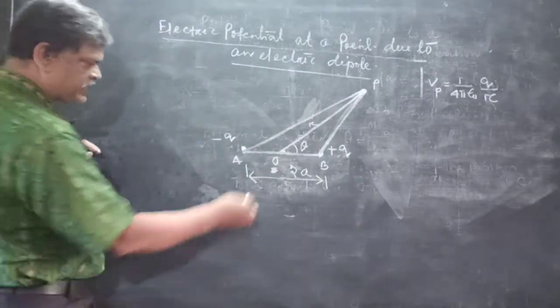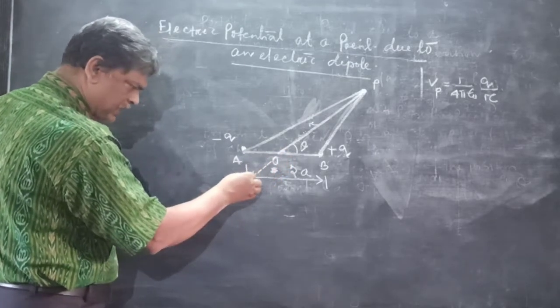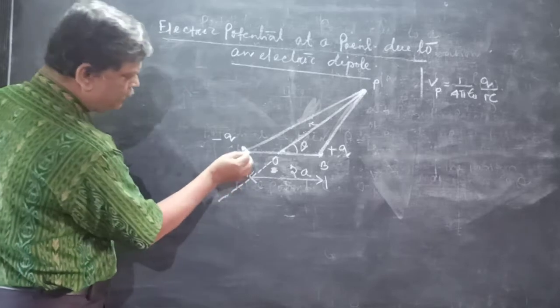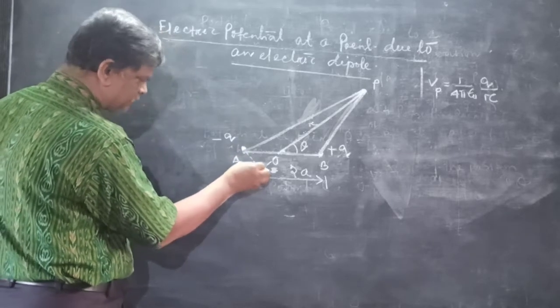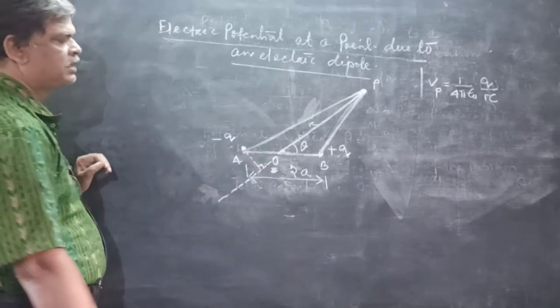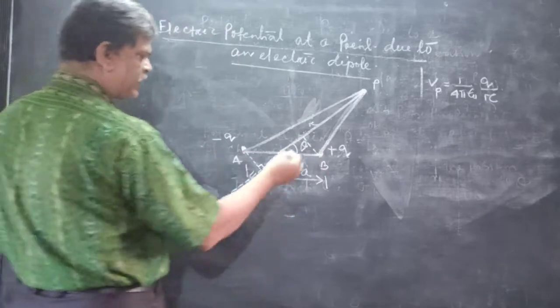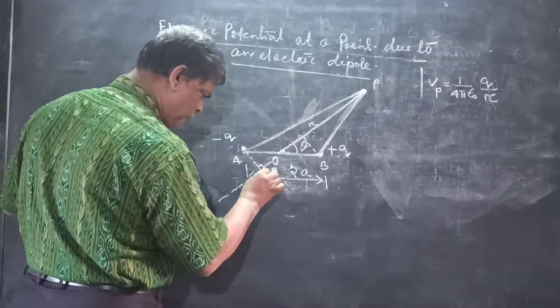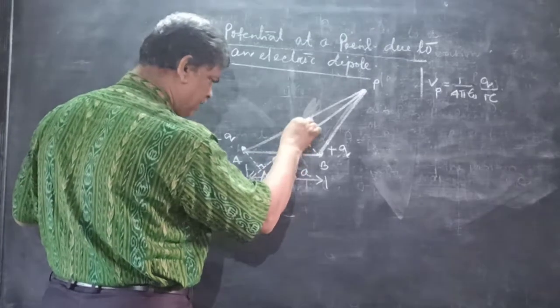How can you find out the distance? Now extend it from the geometry figure. So I extend this line and draw a perpendicular. Draw the perpendicular. This is the perpendicular. Similarly, we draw the perpendicular. This is AM and this is your BN.